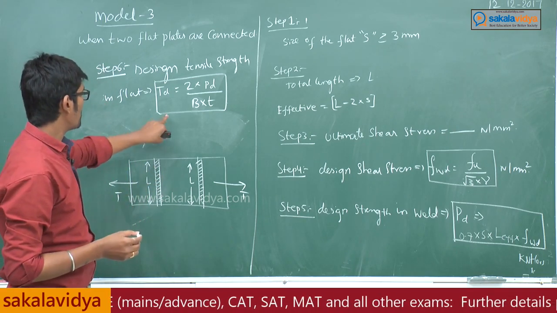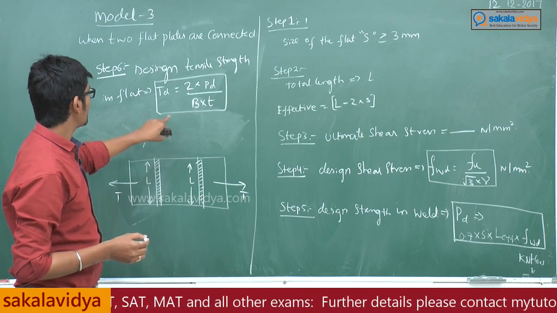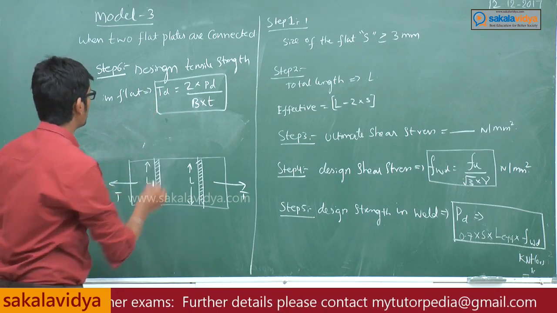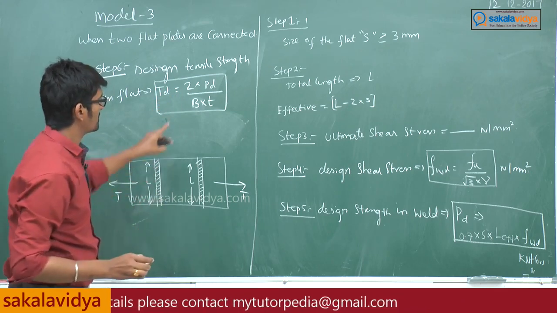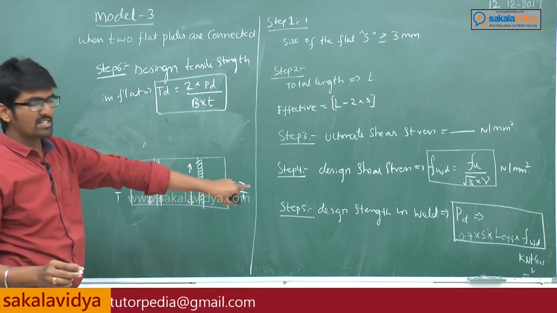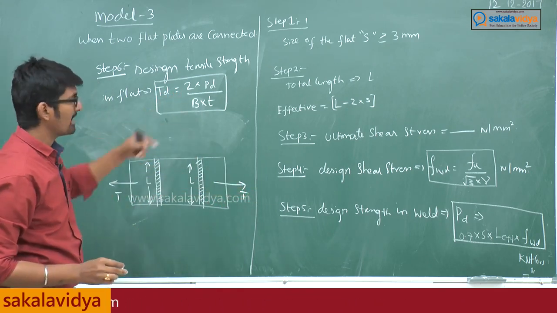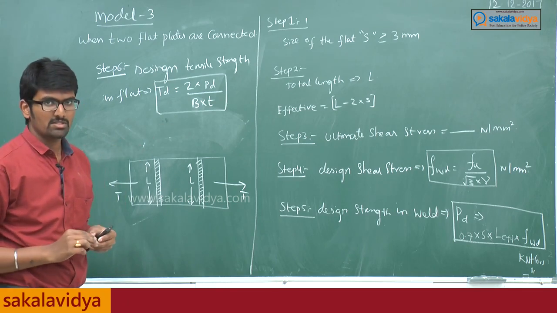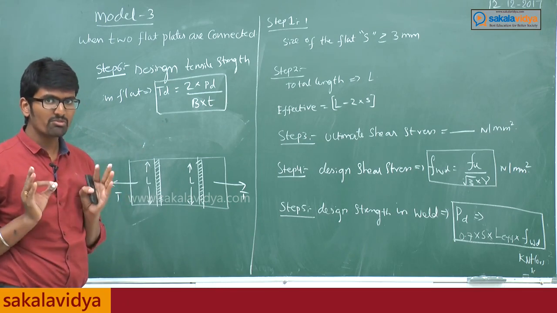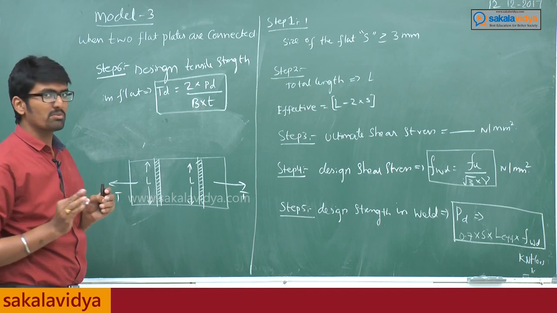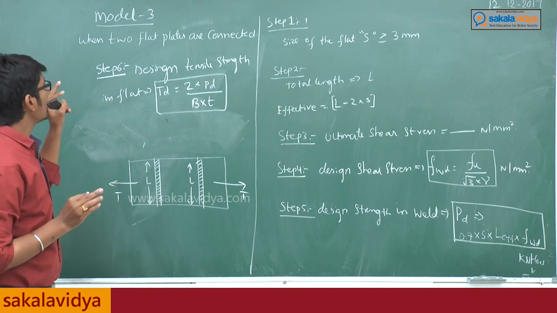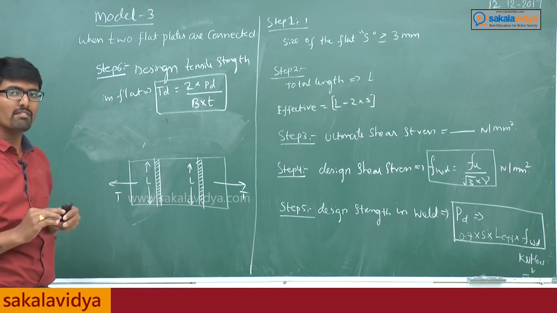So, the new formula is the design tensile strength of the flat, TD, denoted with T suffix D, is equal to 2 times the design strength of the weld divided by area of the plates. So, in this particular case, we need to derive the design tensile strength of the flats.